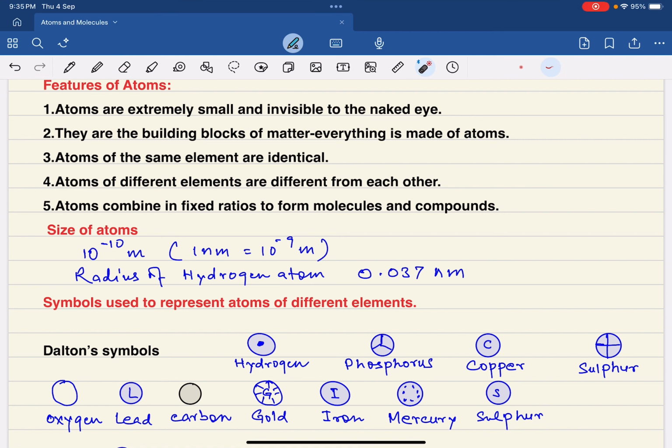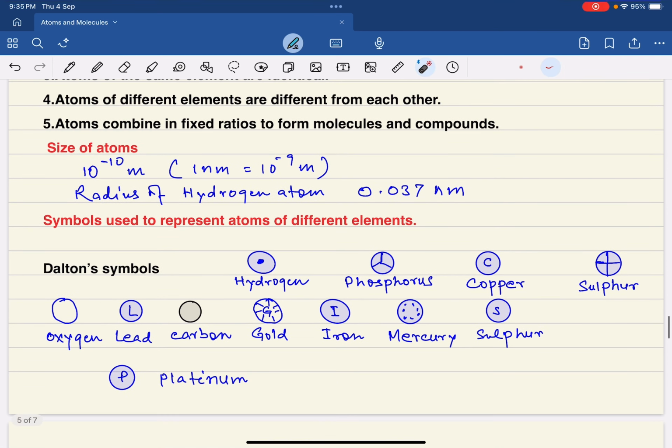According to Dalton, hydrogen is represented by a circle with a dot in between, and phosphorus by a triangle. In case of copper, the letter C is written inside the circle. In sulfur, a plus sign inside the circle. In oxygen, only a circle.